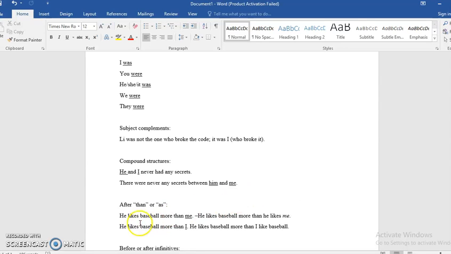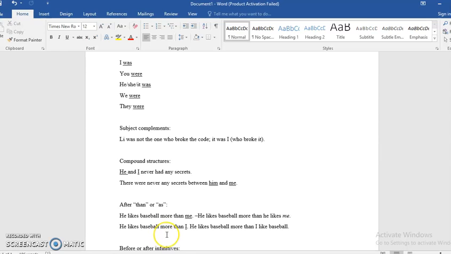But if I say he likes baseball more than I, what I'm really saying is he likes baseball more than I like baseball. Probably 9 times out of 10, this is what someone means when they're trying to say this sentence. But again, a lot of people will say he likes baseball more than me when they're trying to really say this, that he likes baseball more than I like baseball.